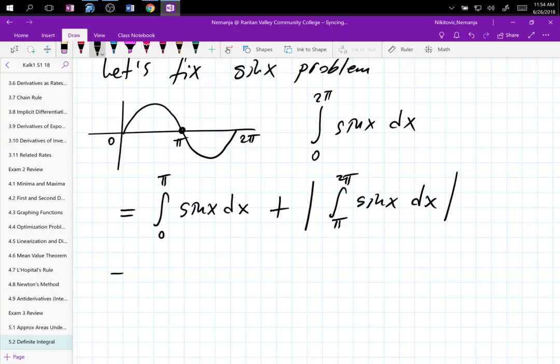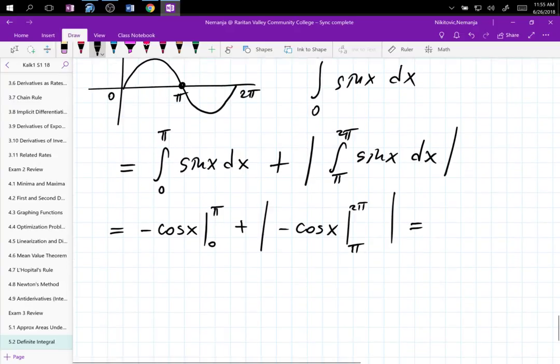So now if you integrate and compute, the life would be great. We have negative cosine x from 0 to pi plus absolute value, again negative cosine x. The good thing about this when you split is you don't have to integrate two separate things. It's the same integral, just different numbers.